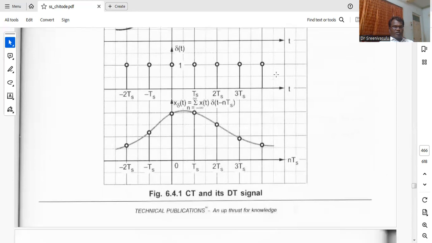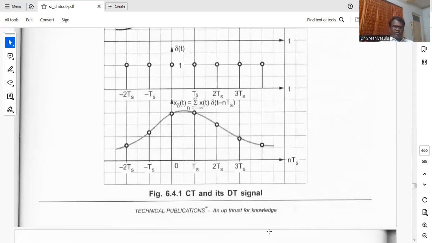Now we are considering this periodic impulse train, which is going to be multiplied with this continuous time signal. If you observe, this impulse is repeated with some fundamental period. These impulses are available at 0, Ts, 2Ts, 3Ts, minus Ts, minus 2Ts, minus 3Ts, from a theoretical point of view, from minus infinity to plus infinity.